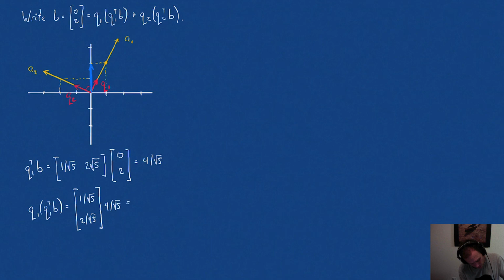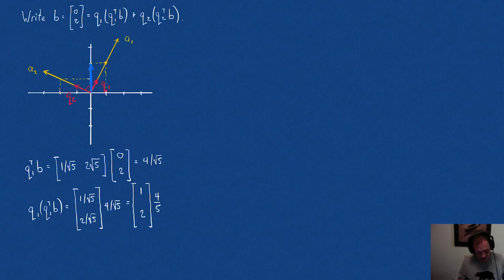Let's factor a root 5 out of there. That just leaves me back with A1, the 1, 2, times the scalar of 4/5.